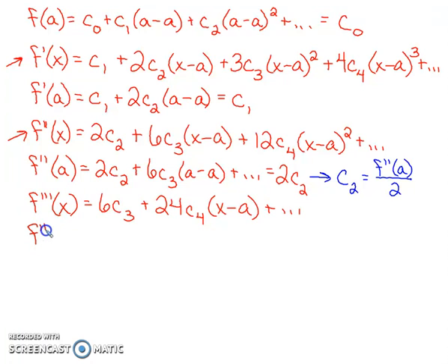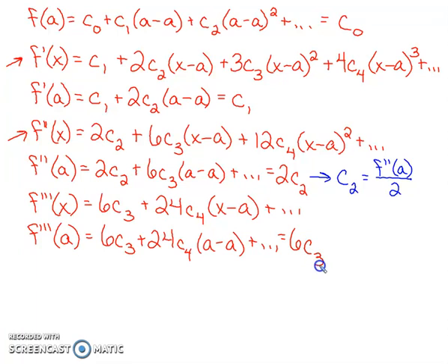So then if we evaluate it at a, we get 6c sub 3 plus 24c sub 4 times a minus a, and so on. So that becomes 6c sub 3, which means that if I solve that, c sub 3 is equal to the third derivative evaluated at a divided by 6.